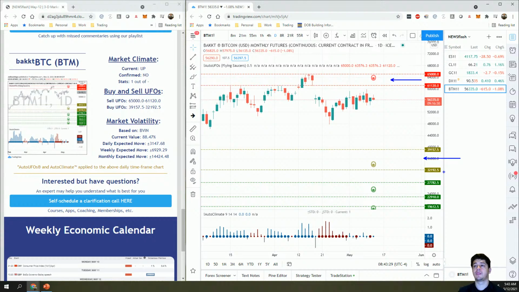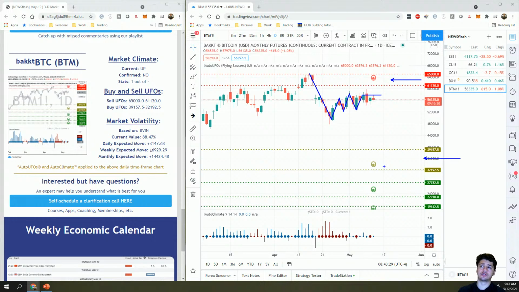Bitcoin has been stuck in this range right here. It's not been doing much. It's inching on higher, but still remaining a little bit stagnant here, if you ask me. We're still trying to see if it is coiling up to shoot up, or if it's going to deflate and try to test some lower areas to find some more buyers.